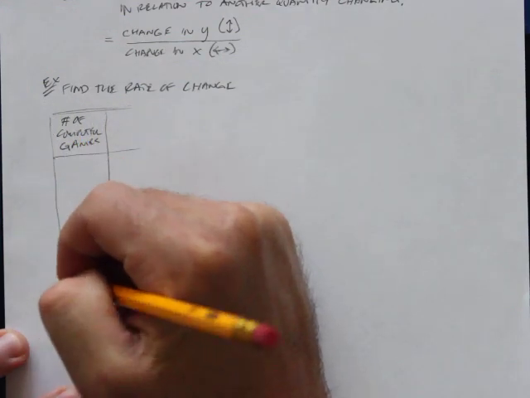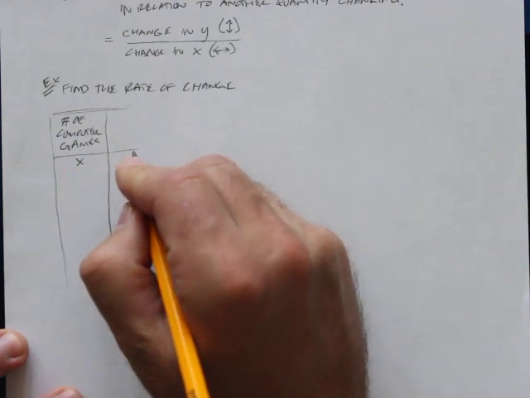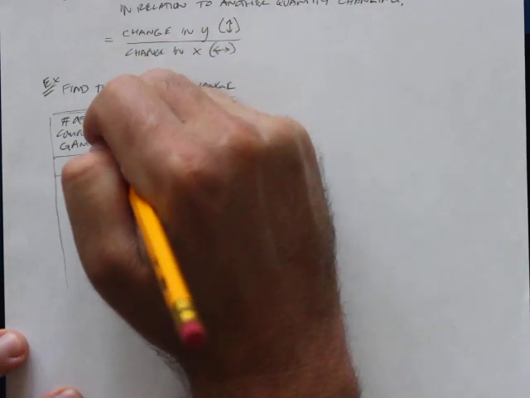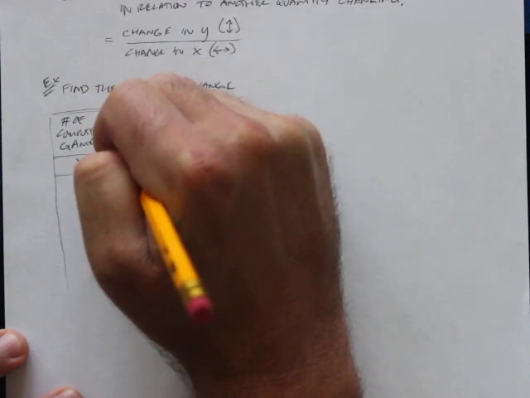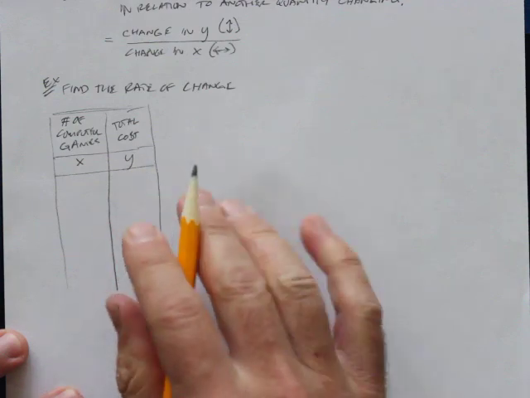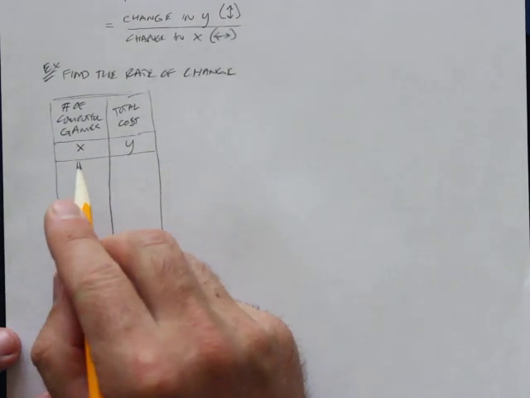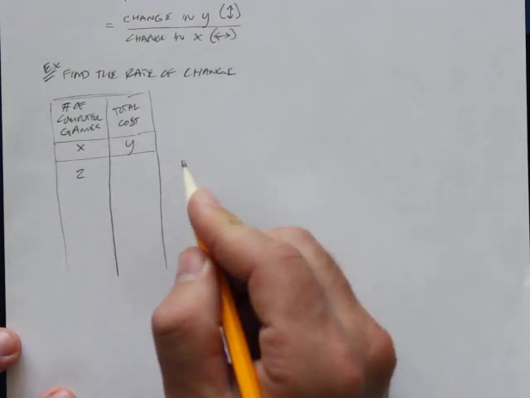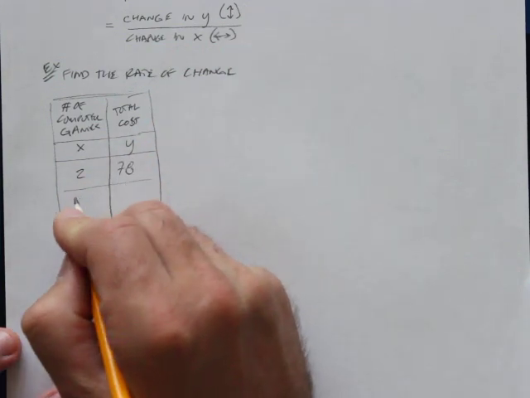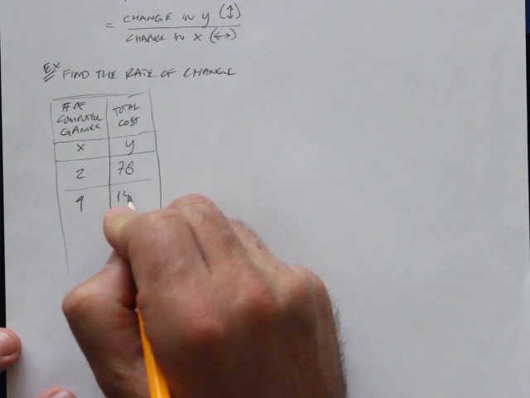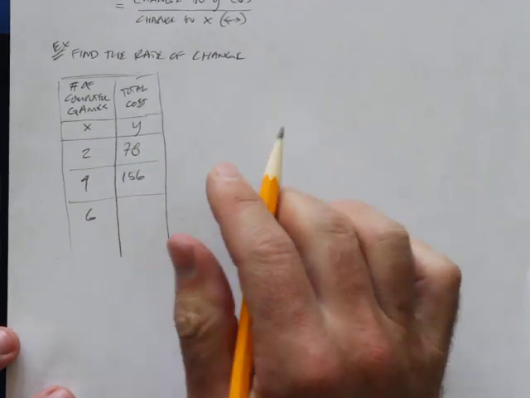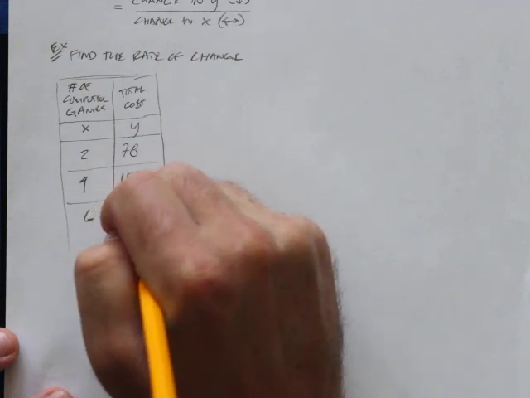We're going to call these X. And we're going to call the total cost Y. All right. So if you buy 2 computer games, it's going to cost you $78. If you buy 4 computer games, it's going to cost you $156. If you buy 6 computer games, it will cost you $234.